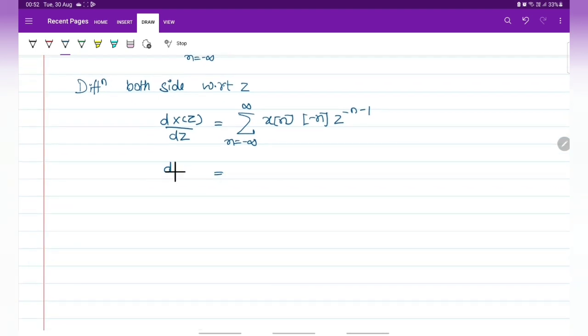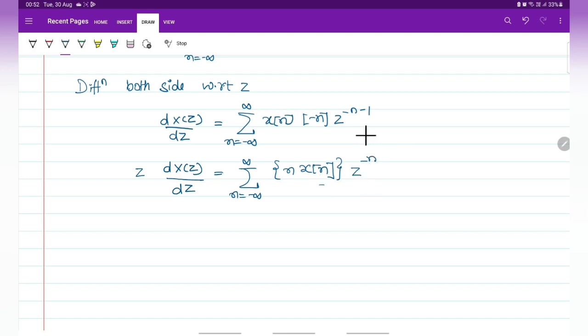Now dX of z by dz is equal to summation of n is equal to minus infinity to plus infinity. Can we write this as n into x of n into z to the power minus n, and minus 1 means divided by z. So can I put this here z?